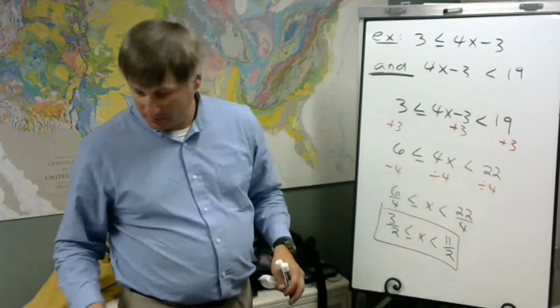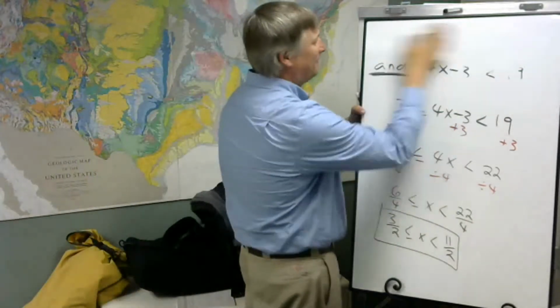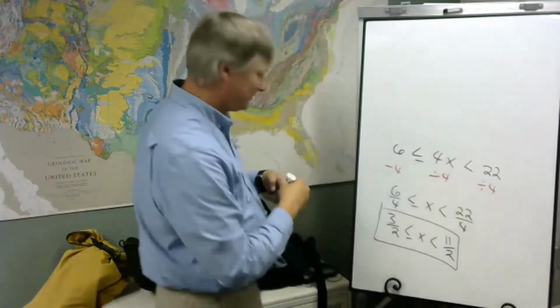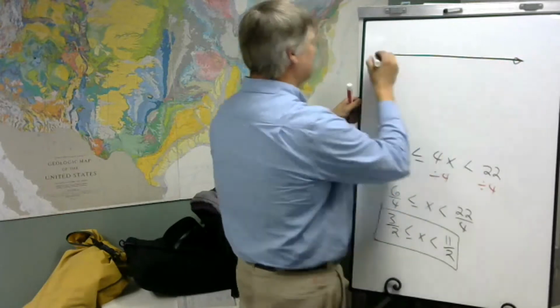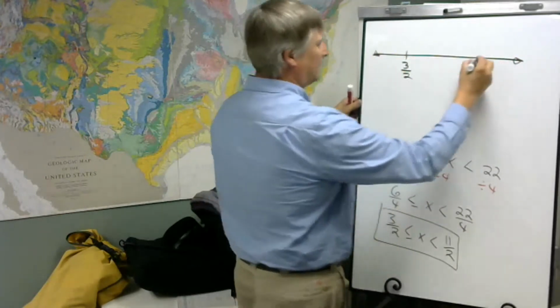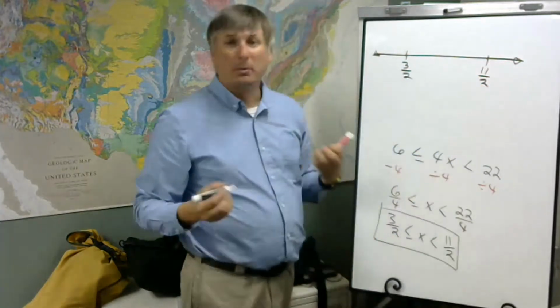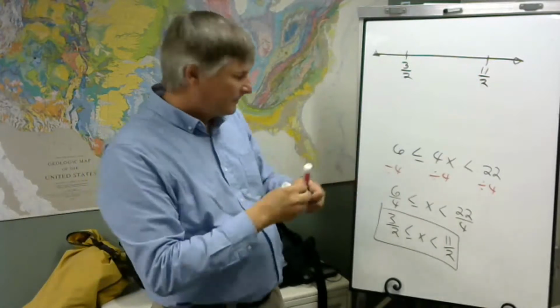Now, you can also graph this. So there's 3/2, and there's 11/2. 3/2 is 1.5, and 11/2 is 5.5.